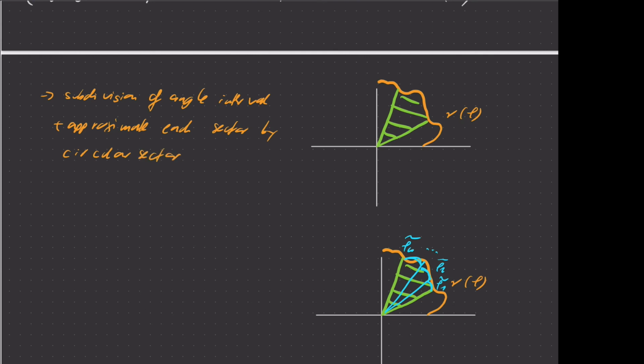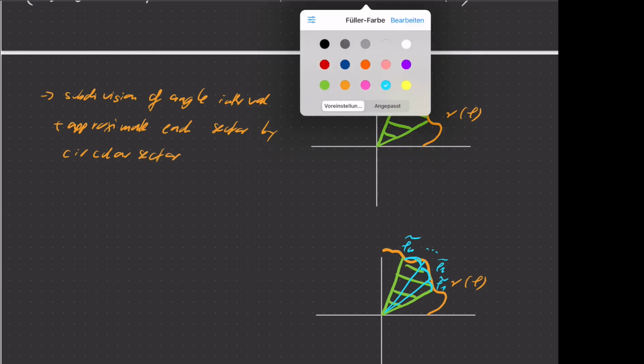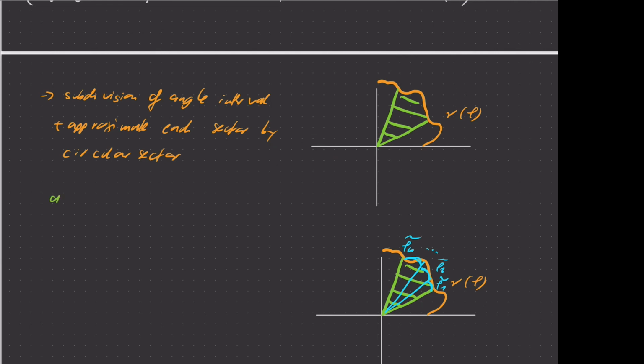And then what do we get? Well, the area that we want to compute is then approximately equal to a sum. Now for each sum, let's say we start at 1 and we sum up to n minus 1, so we always consider the left part of our interval for the subdivision, and let's say we approximate each of those sectors by the radius on the left.